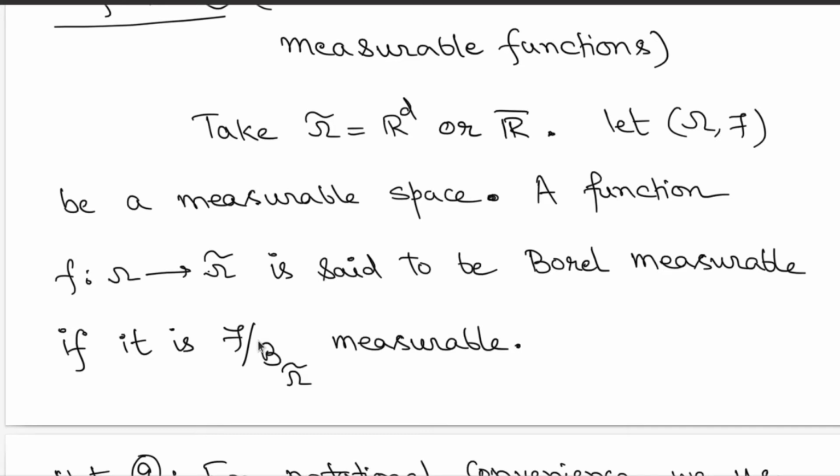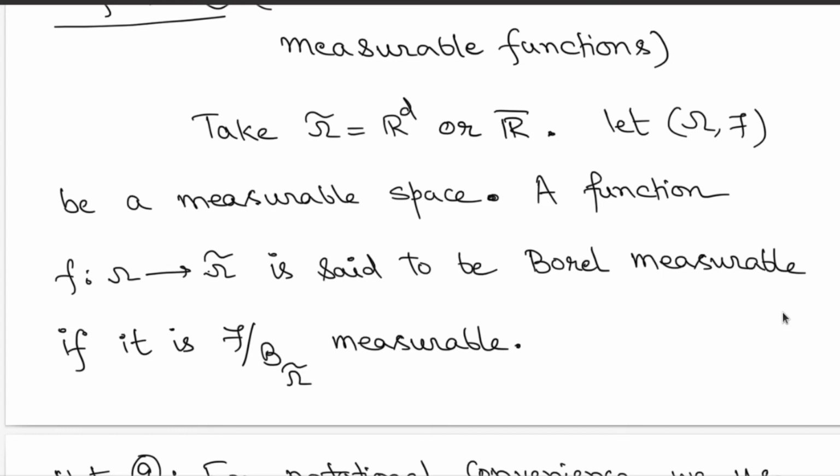If omega tilde is the extended real line R bar, you put the Borel sigma field on the extended real line on the range side. With these two appropriate sigma fields at hand, if you get the measurability of the function, then you call it a Borel measurable function.